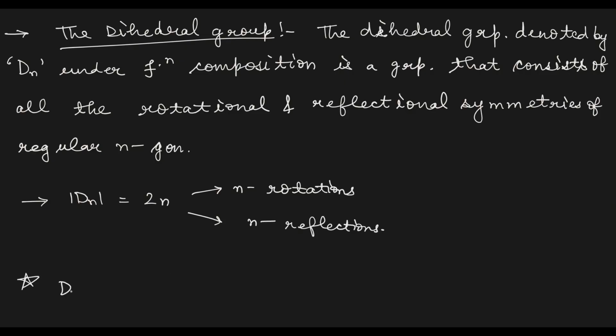It can be written as Dn is equal to the group generated by r, s such that r to the power n is equal to s square is equal to identity, rs is equal to sr inverse.